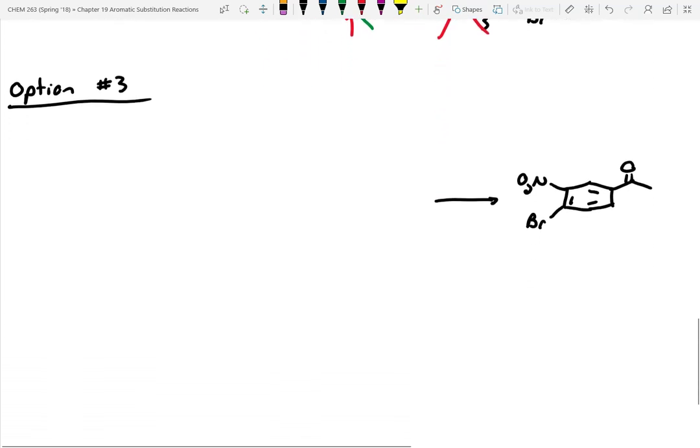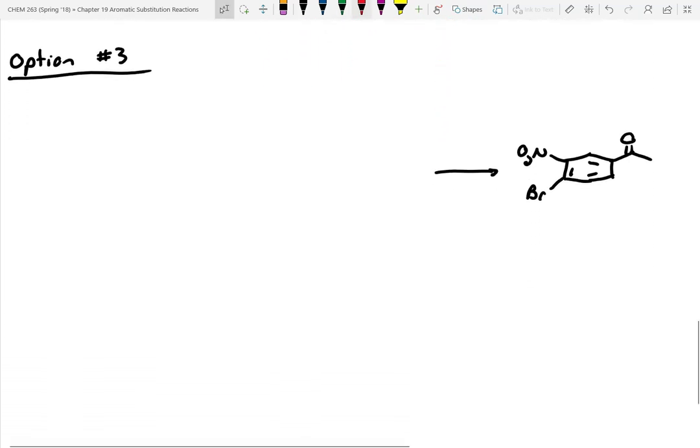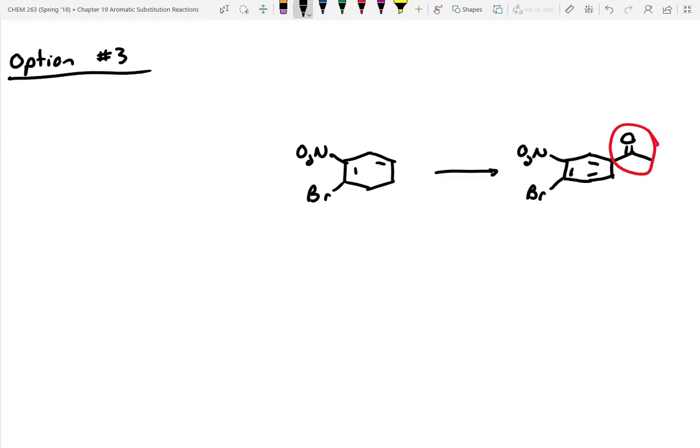And then we'll go down to our last option down here and we'd say, all right, what about this ketone? If we did this option, we would still have our nitro group on there. We would still have our bromine on there. And again, we could look at our nitro group and we would say that's a meta director. Got a meta position here and a meta position here relative to that nitro group.